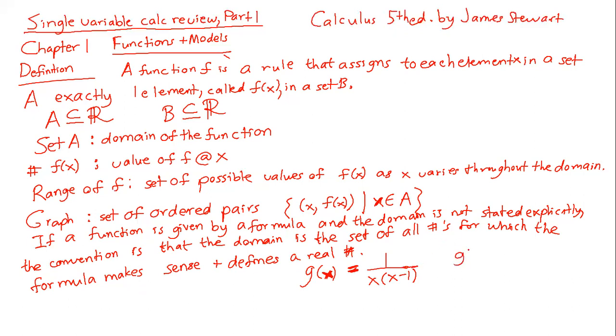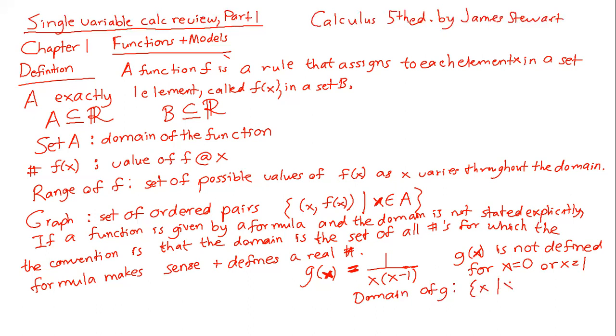So that means g of x is not defined for x equals 0 or for x equals 1. And so the domain of g is going to be x such that x does not equal 0, and x does not equal 1.